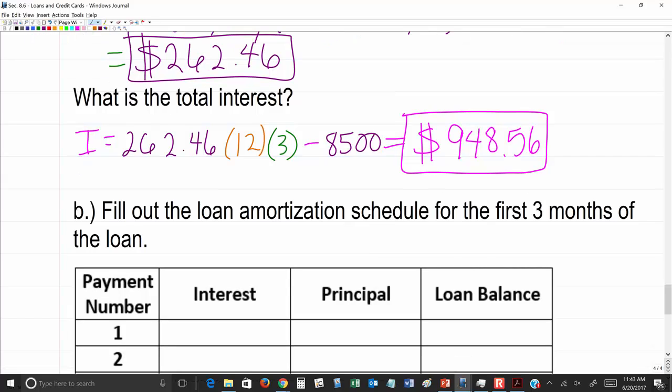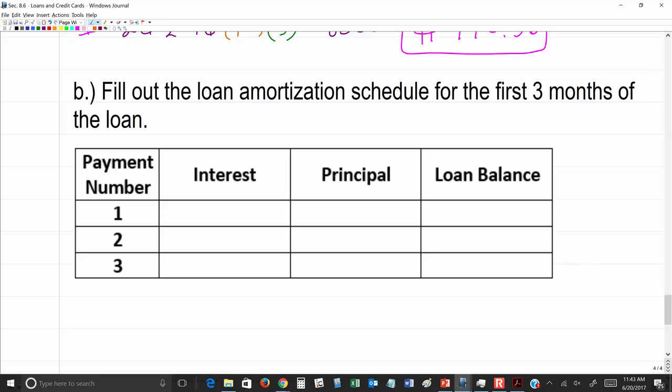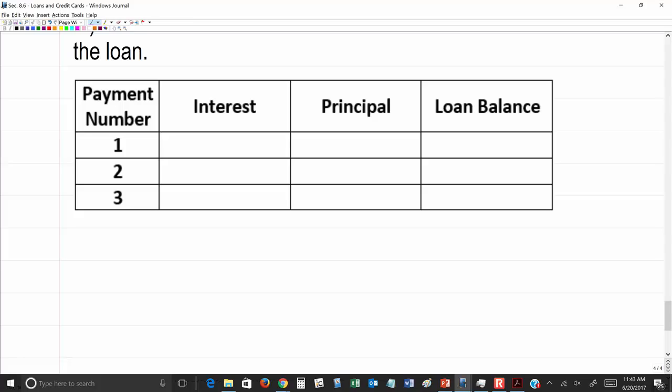Okay, fill out the loan amortization schedule for the first 3 months of the loan. So for the first month, you want to figure out the amount of the interest. So you take the loan balance, which starts out at $8,500, and you're going to multiply that times R over N, basically the rate divided by 12.